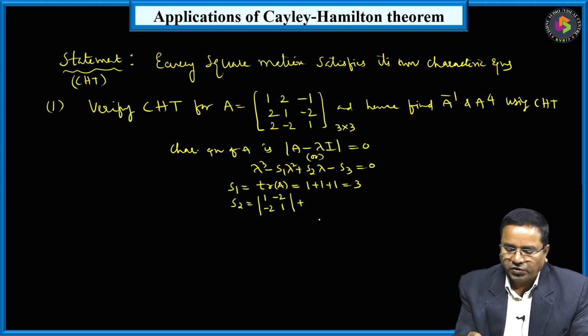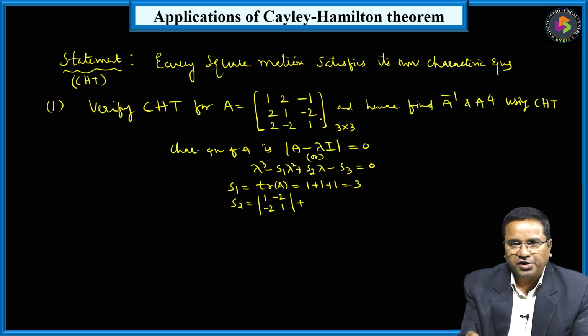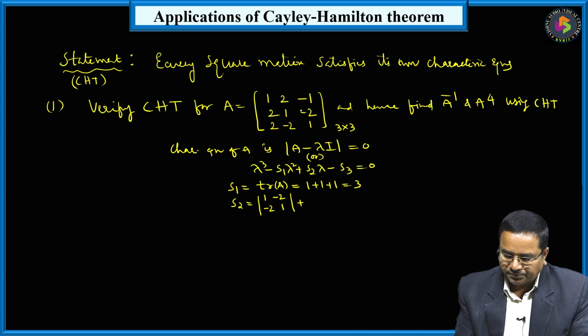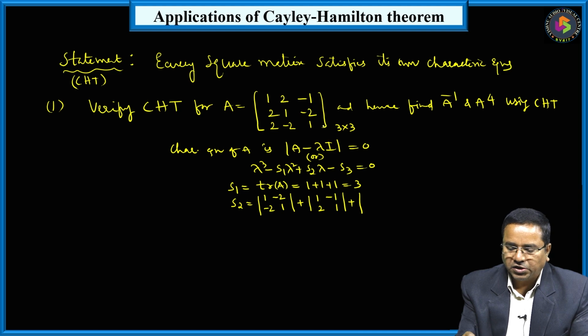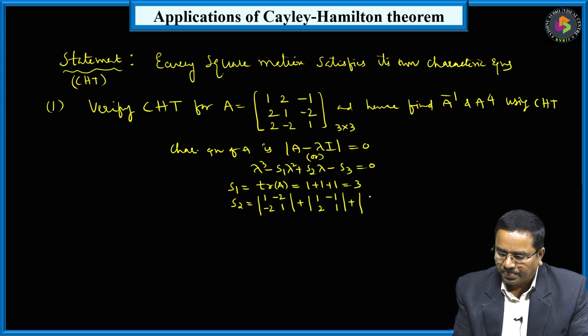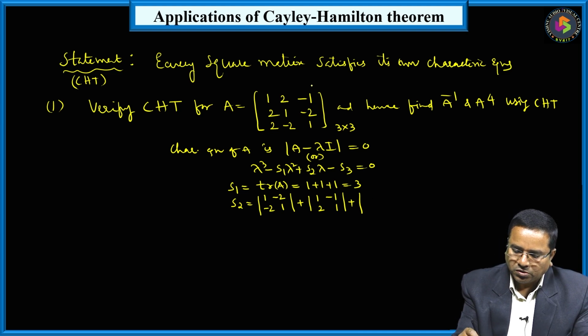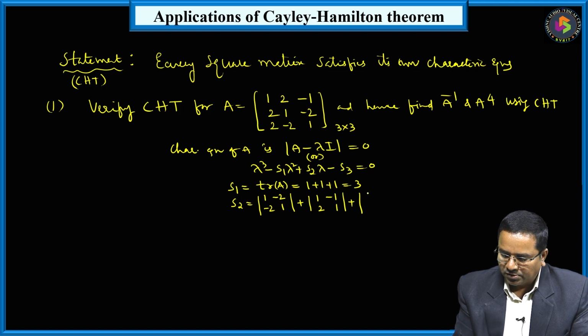The minor of A22 is obtained by deleting the second row and second column, and we get 1, minus 1, 2, 1. The minor of A33 is obtained by deleting the third row and third column, and we get 1, 2, 2, 1.